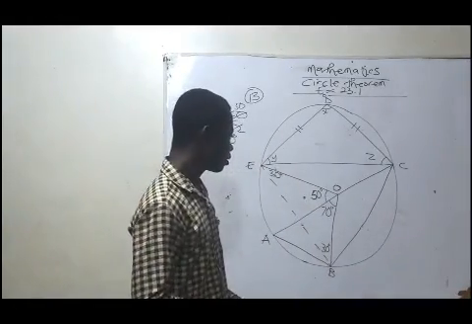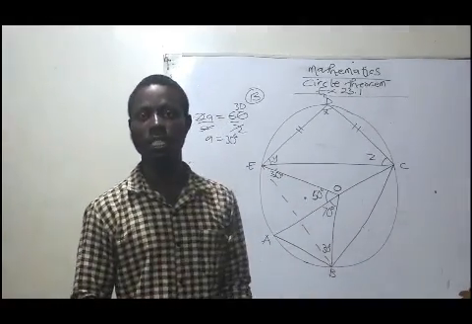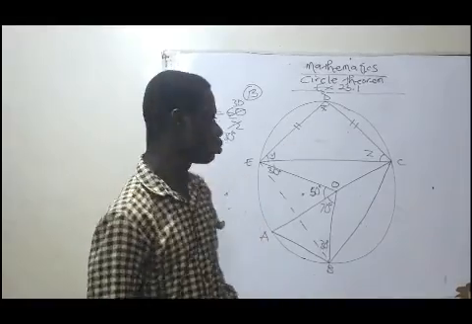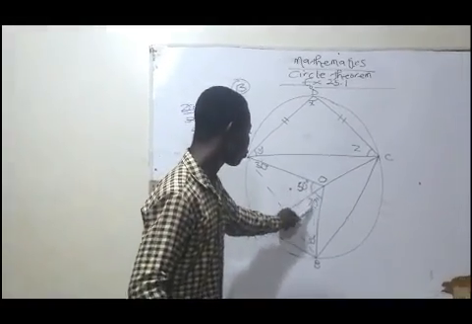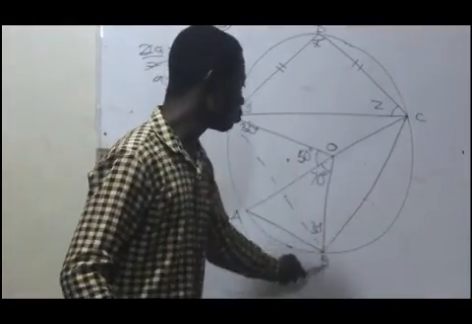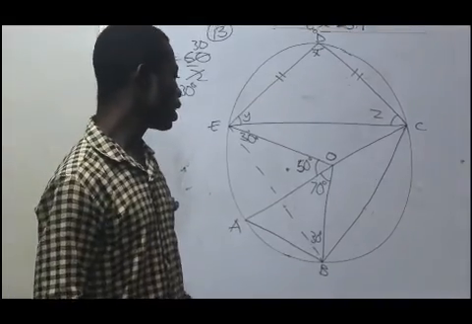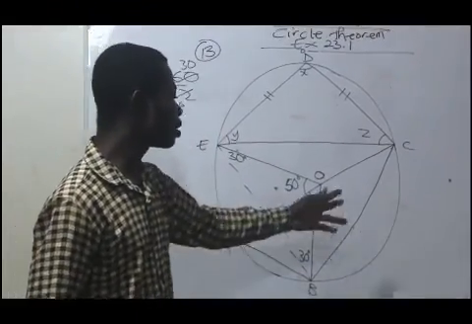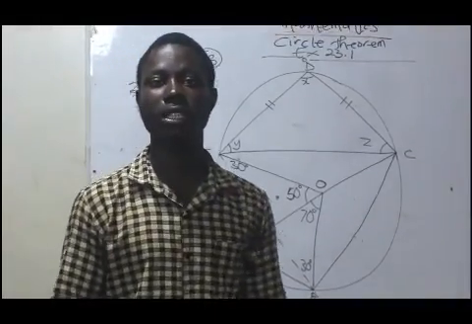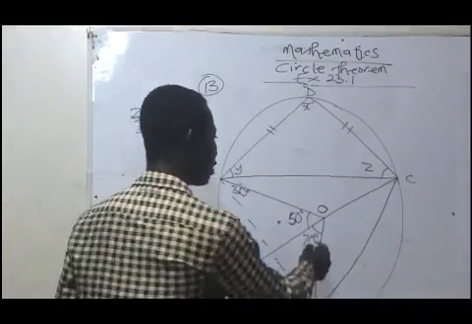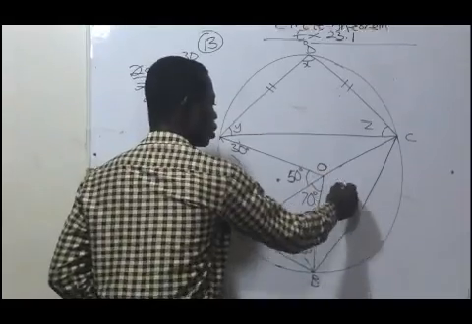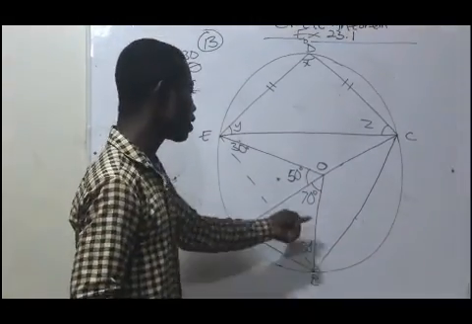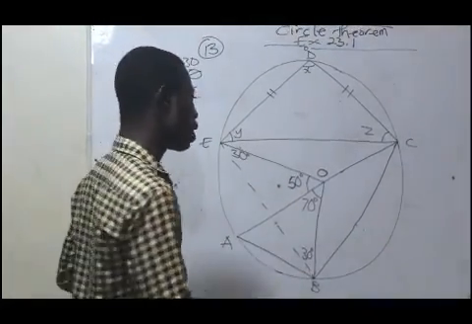We know that angles on a straight line add up to 180 degrees. For angle AOB, we have 70 degrees there. How can we get angle BOC? We get angle BOC by deducting 70 degrees from 180 degrees, because the angles here are formed on a straight line. So when we deduct 70 from 180, we get 110 degrees.